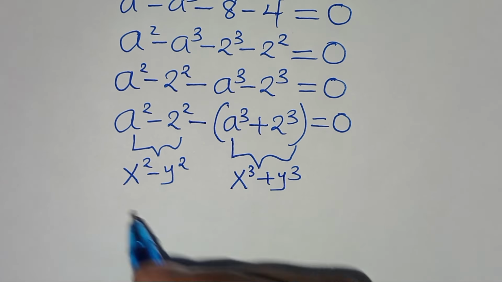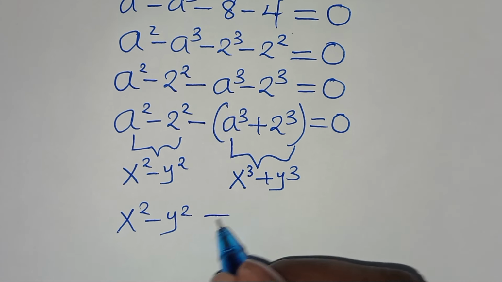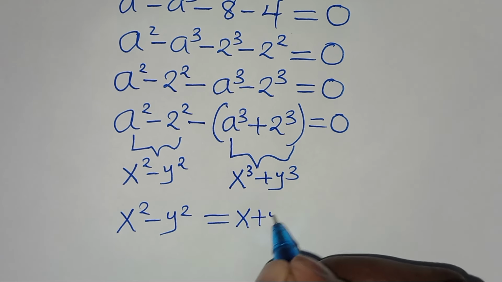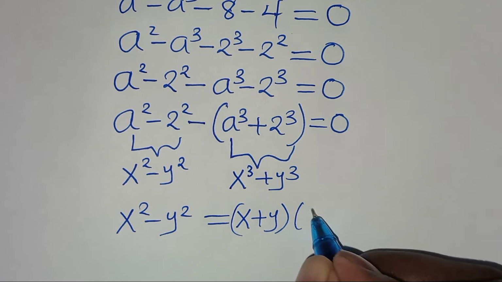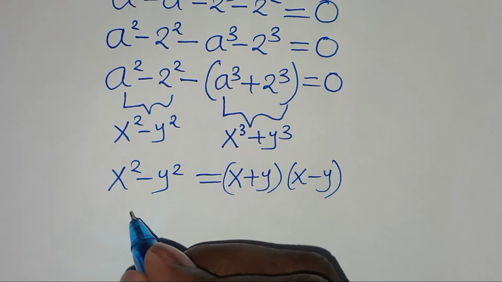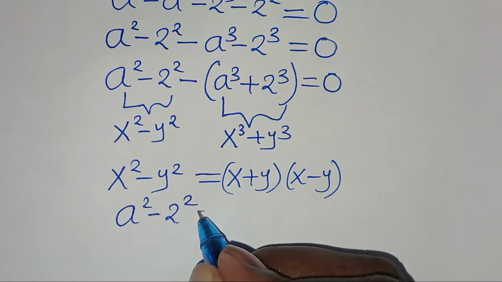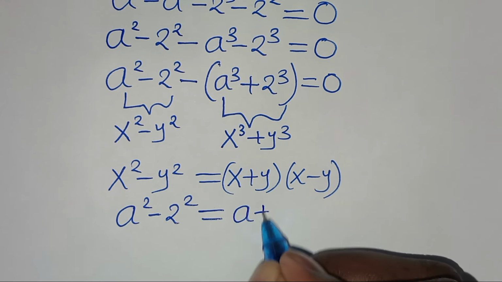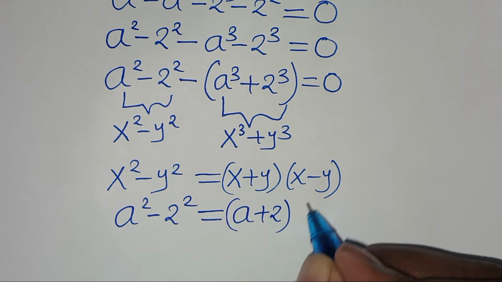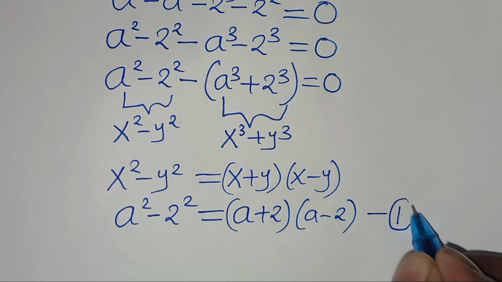From the first part here, which is x to power 2, subtract y to power 2, this can be expressed as x plus y, x minus y. So this implies that a to power 2 minus 2 to power 2 can be expressed as a plus 2, a minus 2. Let's call this equation 1.